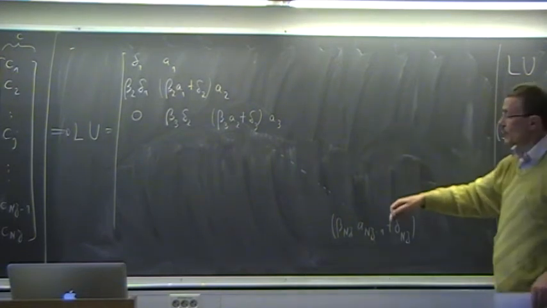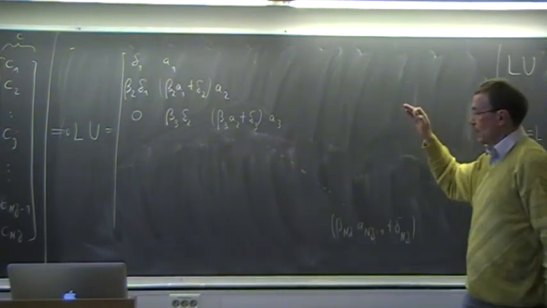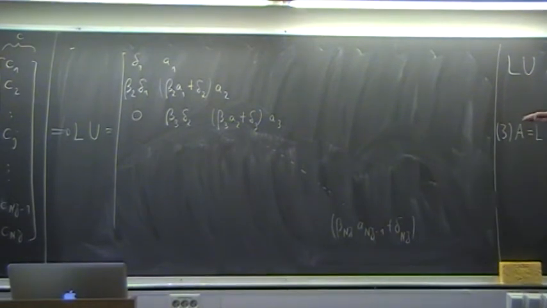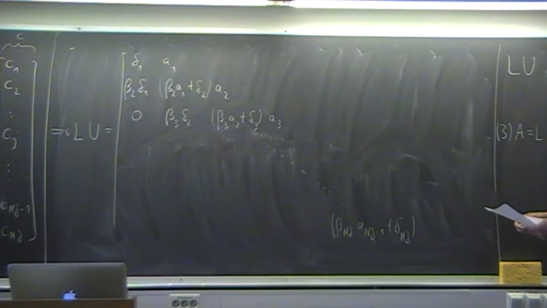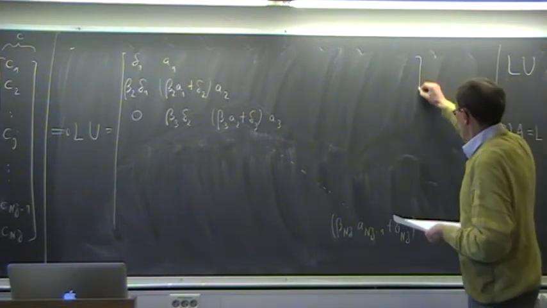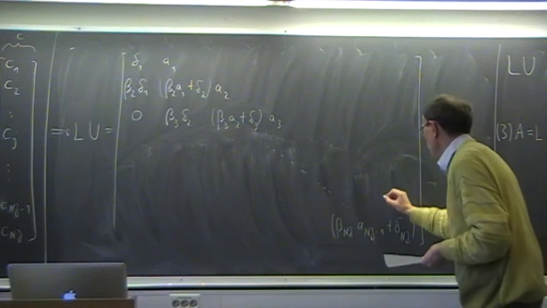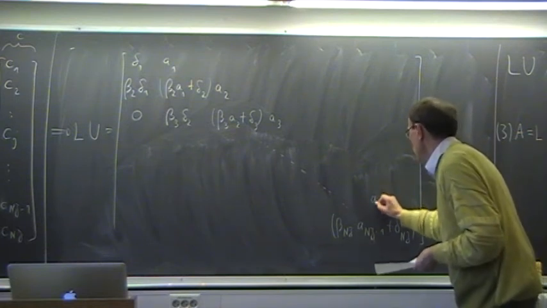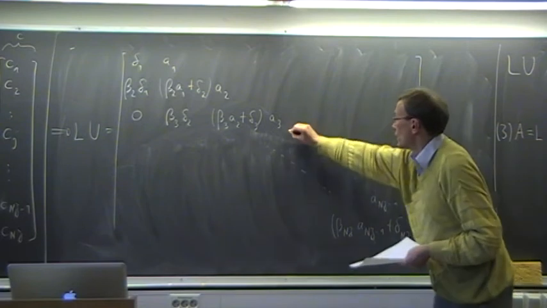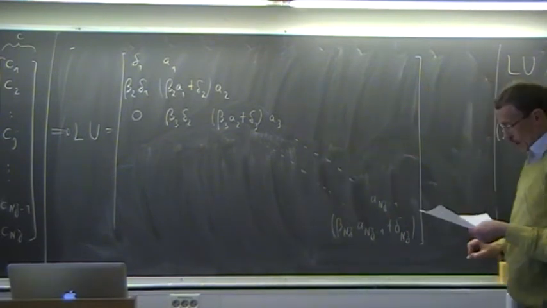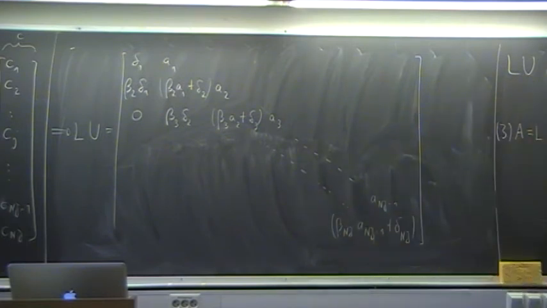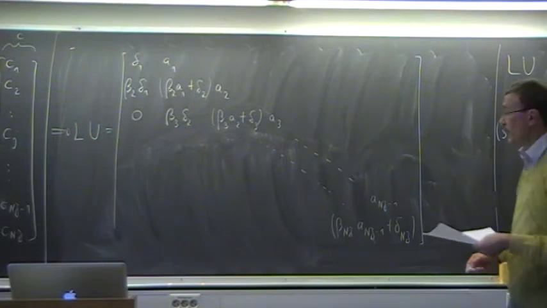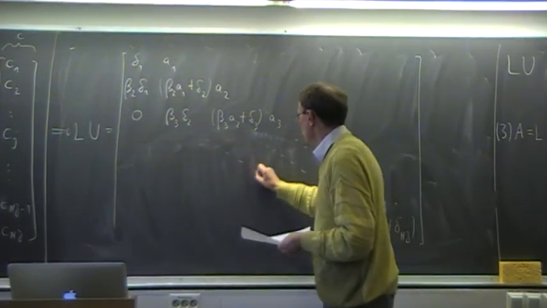You see, it is always the beta times the index of the row times a of the index 1 less plus delta with the same index as the row we are in. So that is that. And then above we will simply have the a nj minus 1. So this pattern continues, and in the left neighbor of the diagonal element, that will be following this pattern here.